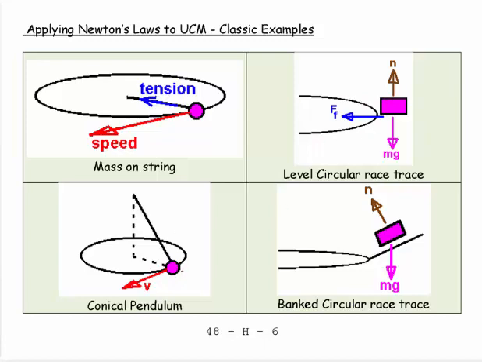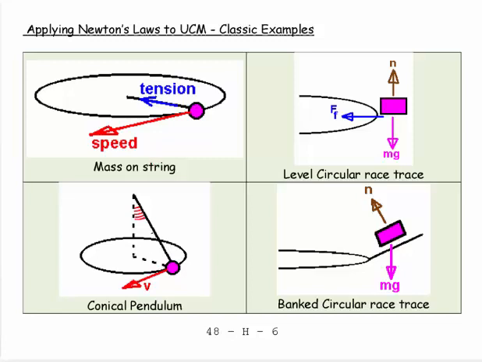There's a mass on a string going round a horizontal circle, but this time the string is not horizontal. It dangles as if it's what's called a conical pendulum. There's a certain angle between the string and the vertical axis. And then we have the car on a banked track.